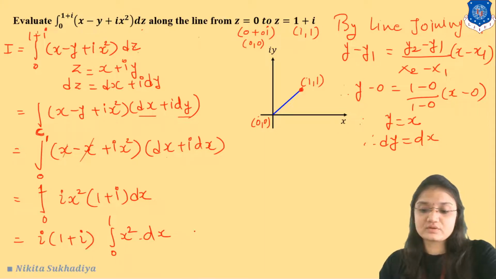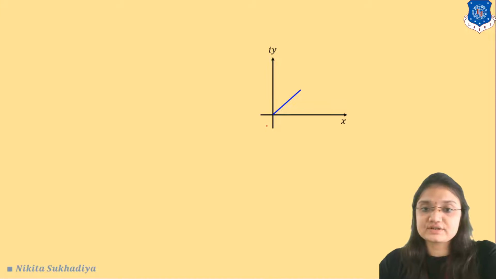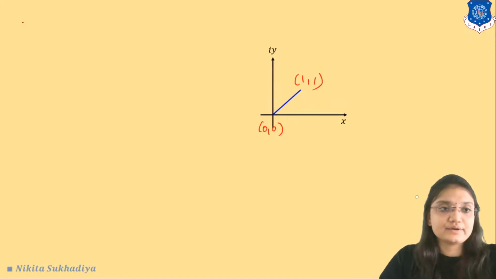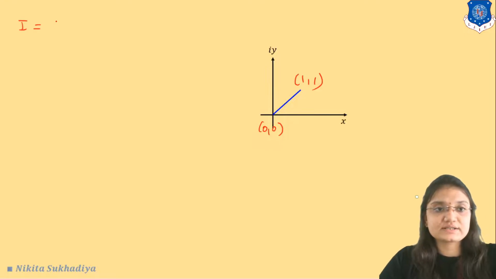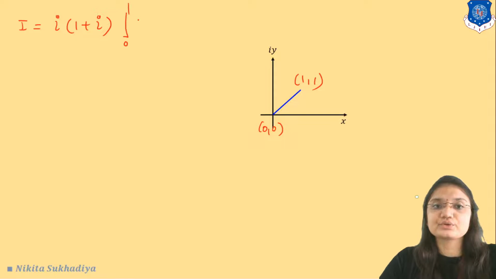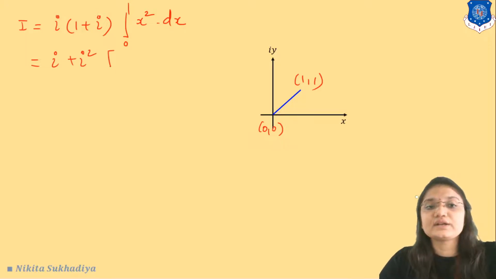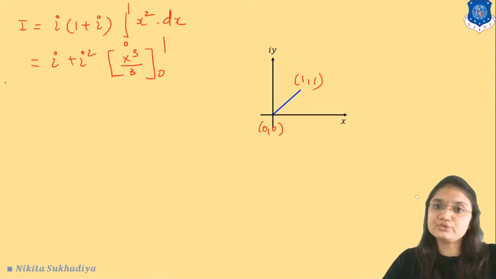Now by multiplying i, this will become i plus i square, and the integration of x square is x cubed by 3 with limit from 0 to 1.